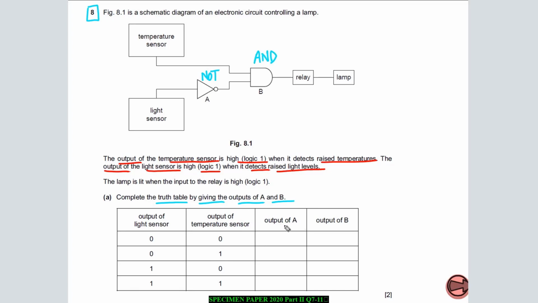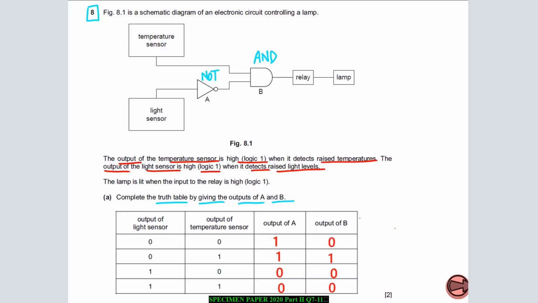Based on this, we need to answer the output of A and the output of B. The output of A, for example, this is the first thing we have to be quite clear about. I don't need to write again and again, so you can see from here. If the output of the light sensor is 0, and it goes through the NOT gate, this has to be 1.